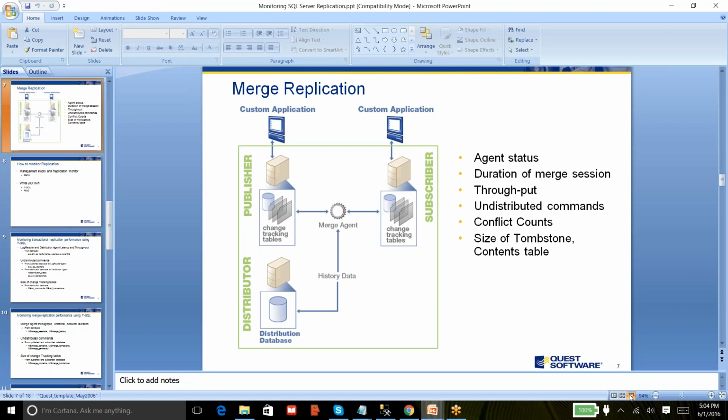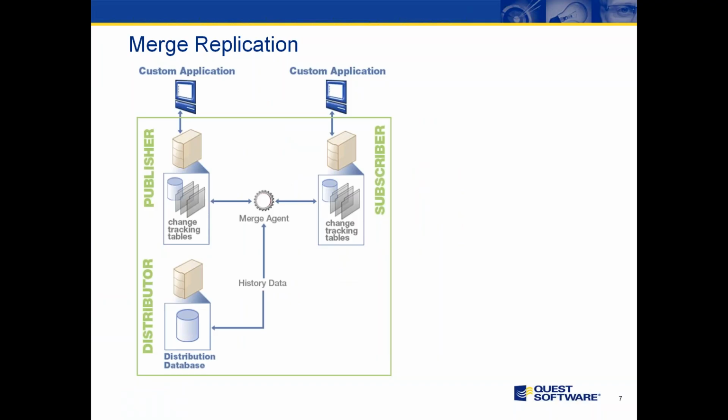So this is the basic architecture of how merge replication looks. I have a publisher here, and there's a custom application that is accessing my publisher. There's a main database, and within this publisher database I have a few tables that are participating in replication, so I call them articles. On the right-hand side I have a subscriber, which is an end server that is going to get all the changes from the publisher.